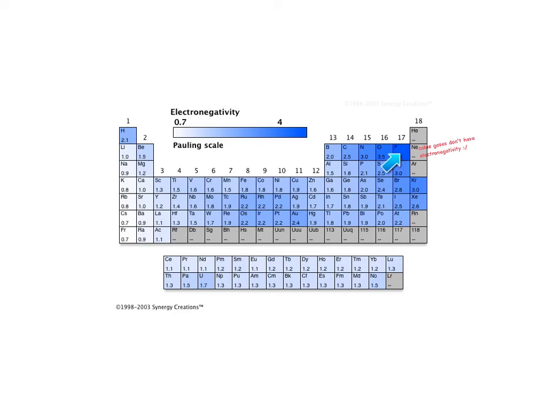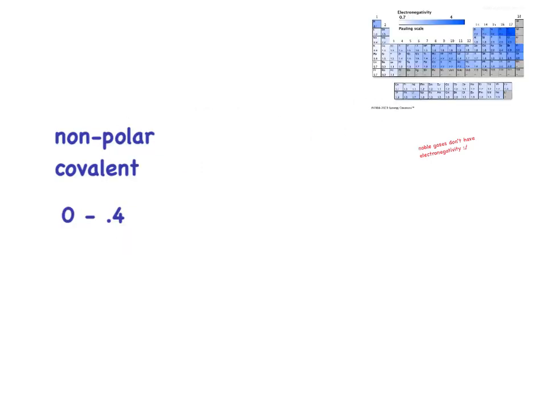And this is really important to remember if you're not able to take a look at the electronegativity values, because those differences are what tell us whether we're going to have an ionic bond or a covalent bond, polar or nonpolar covalent. And it works something like this. If the difference in electronegativity is between 0 and 0.4, say you have two elements that are the same, two hydrogens or two oxygens, that would be a difference of 0.